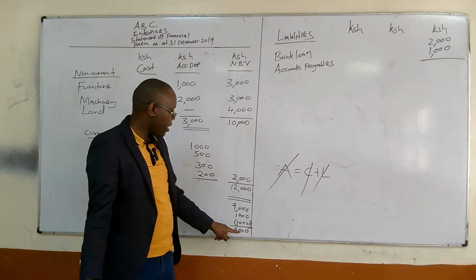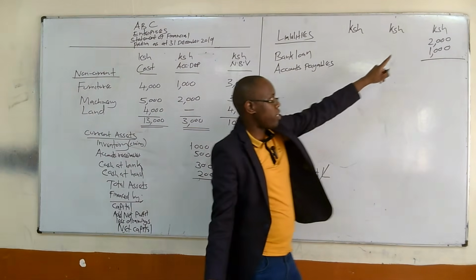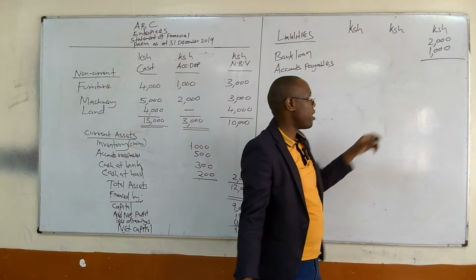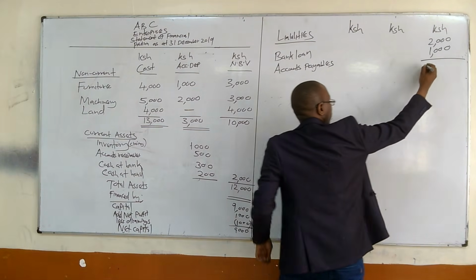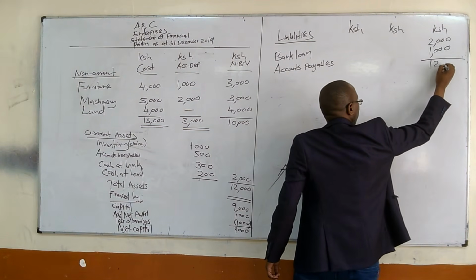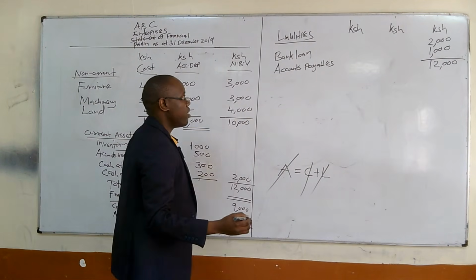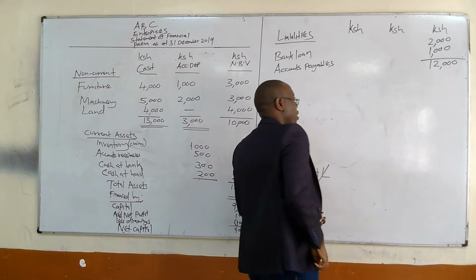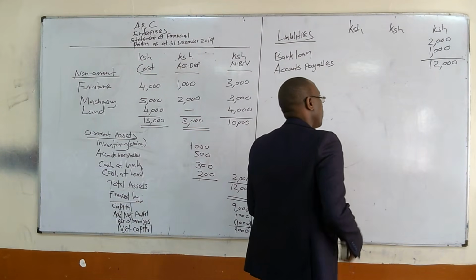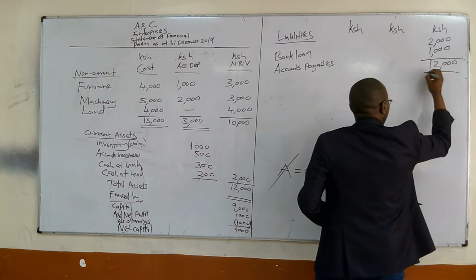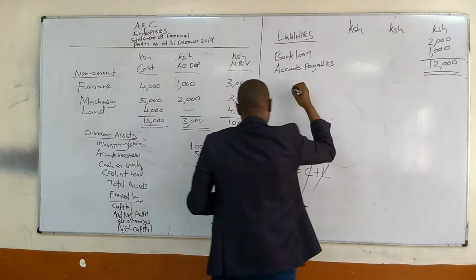So it's going to be 9,000 plus 2,000 plus 1,000, which is going to give you 12,000. We are going to put this 12,000 here.